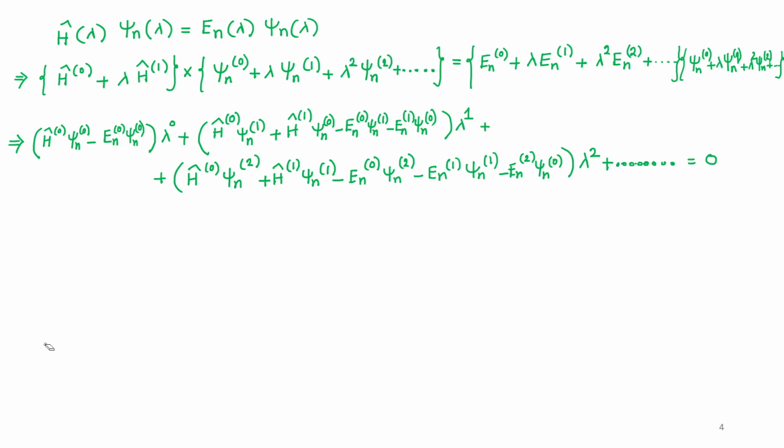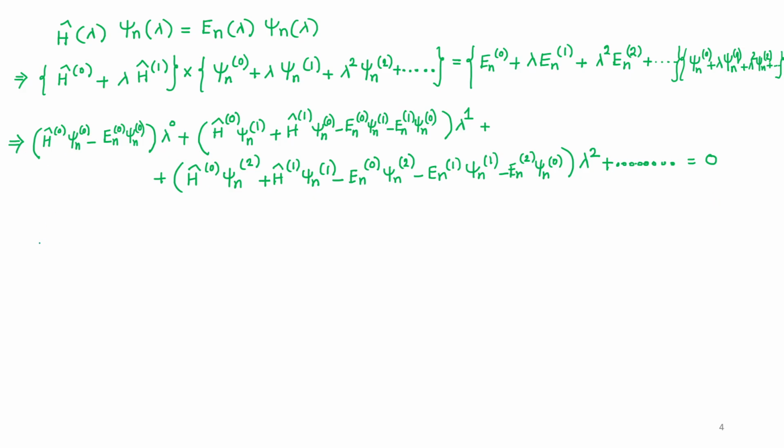From here we can say that in lambda's parameter, whatever is common, if we write it in the same fashion and equate it to 0, then the individual terms are also going to be 0. Then only we can equate it to 0.